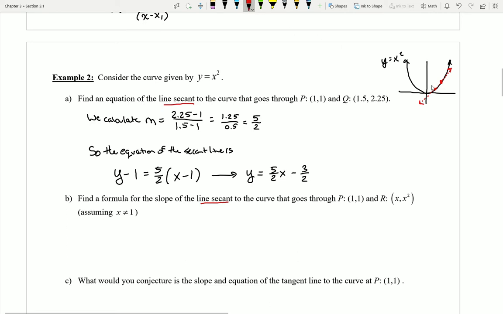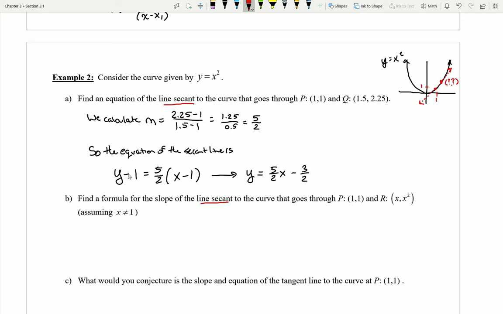So I kind of make this point locked in, 1, 1, but the other point, let's just suppose it has mystery coordinates. The best that I could tell you is that whatever the x coordinate is, I will find the y coordinate by taking x and squaring it, right? That's how you get y. So that's why instead of writing x comma y, I wrote x comma x squared.